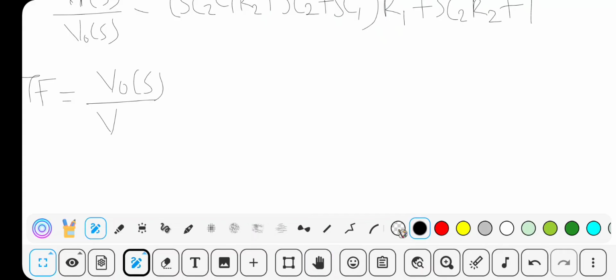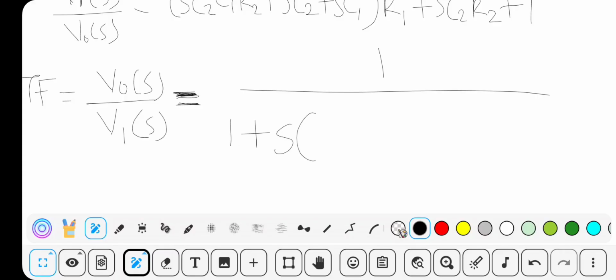Transfer function is V naught of S over Vin of S. That's output voltage over input voltage, which is 1 over 1 plus S. If you simplify everything, this is what you have.